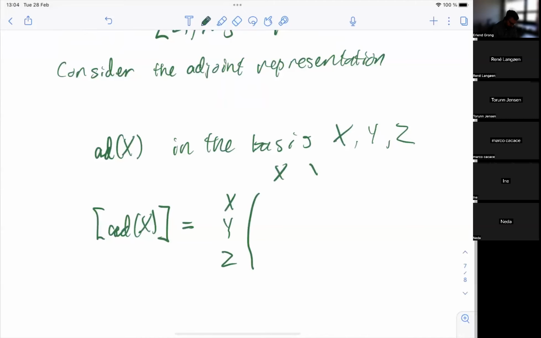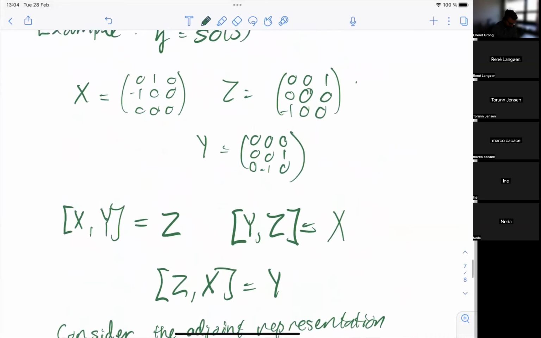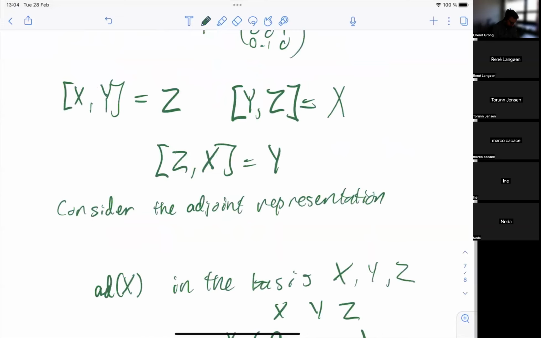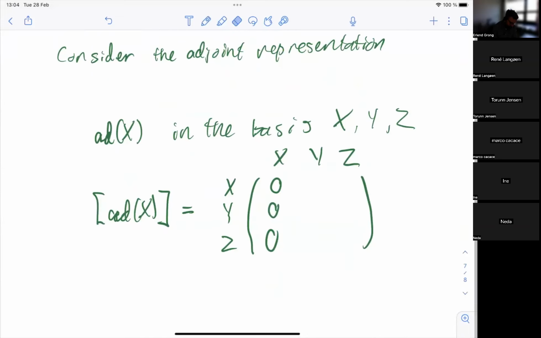Here's the input x, y, z. For x, I'm getting nothing. And then if I insert y, then ad x of y will give me z. So that's 0, 0, 0, 1.